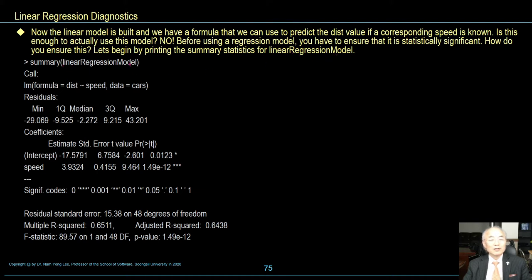Summary of the linear regression model, and then residuals, coefficients, intercept and speed, and standard error, t value and p value, with star marks. Three stars means the highest confidence level, two stars means 99%, and so on, down to 95%.